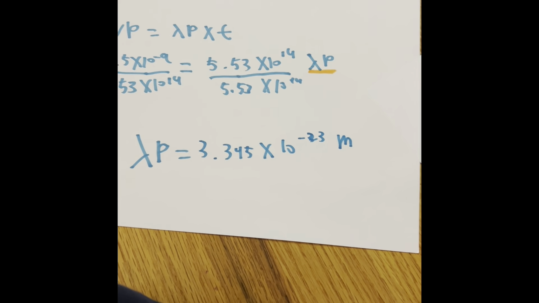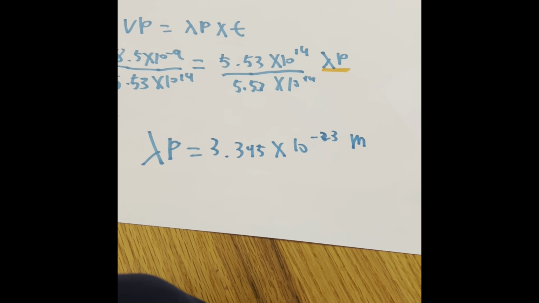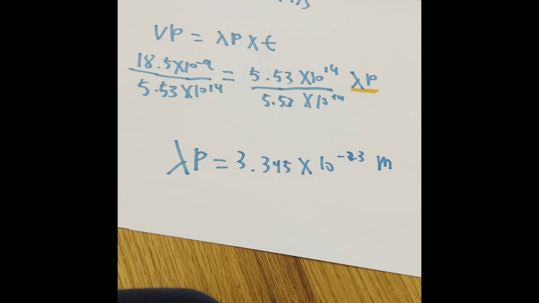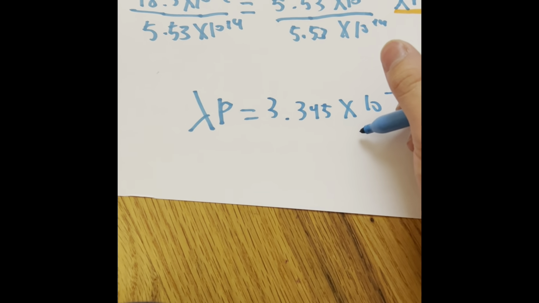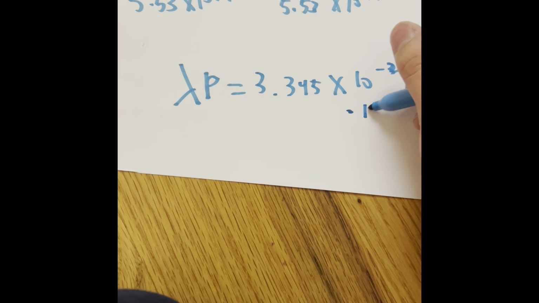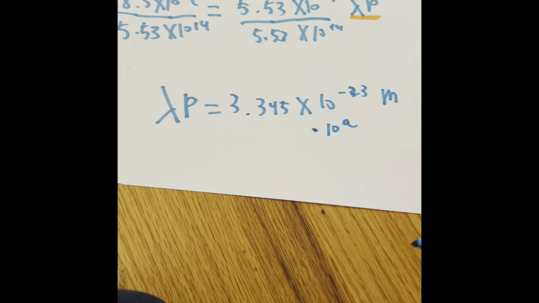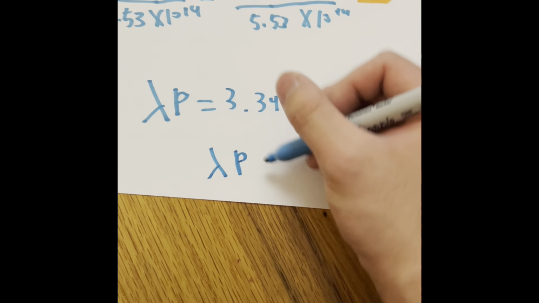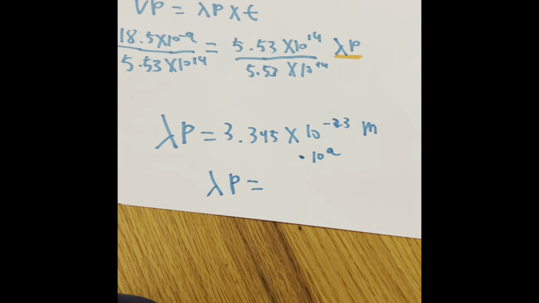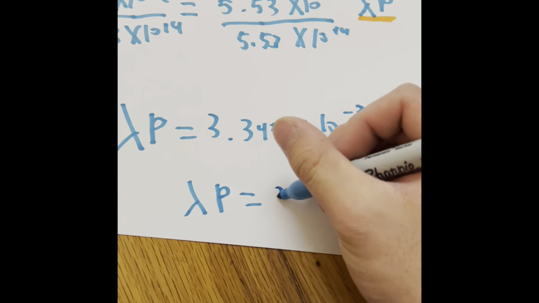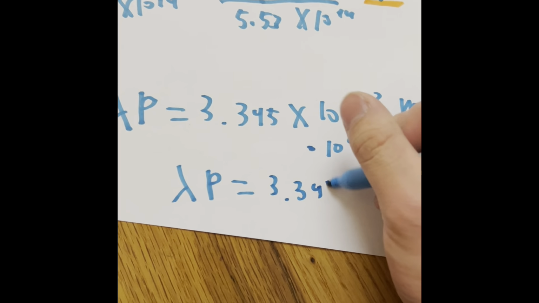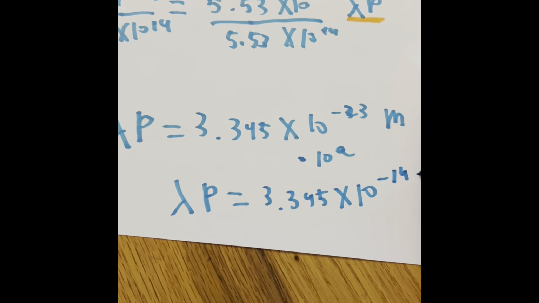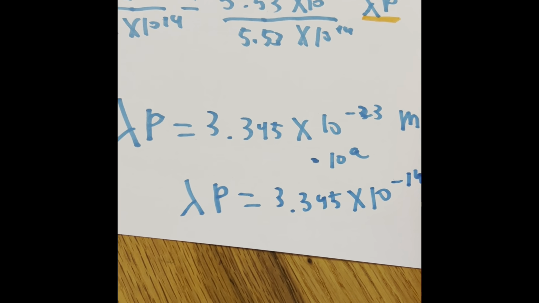That is very small, but we want nanometers, not just meters. So we are going to have to multiply that by 10 to the 9th. Now, when you do that, your new wavelength in the prism in nanometers is going to be 3.345 times 10 to the negative 14th nanometers.